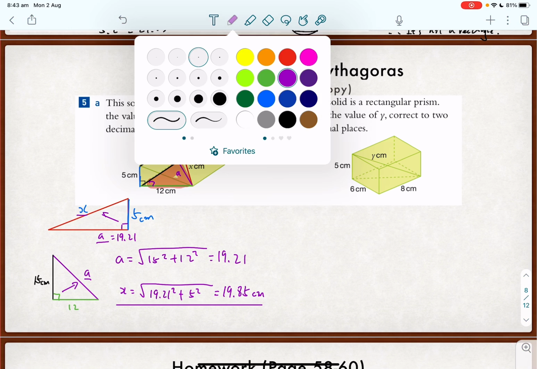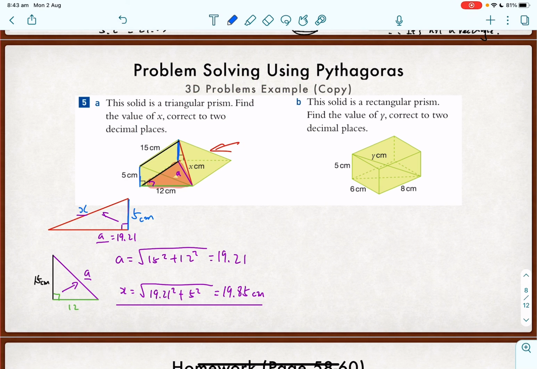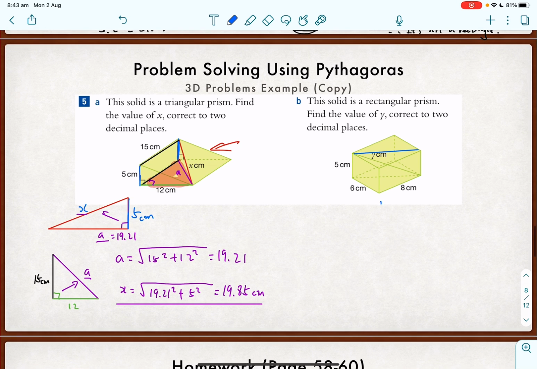Second one is actually a lot easier. Basically, we're looking for y. If you cut this shape along this way, and you're looking from this side, you should see a rectangle.